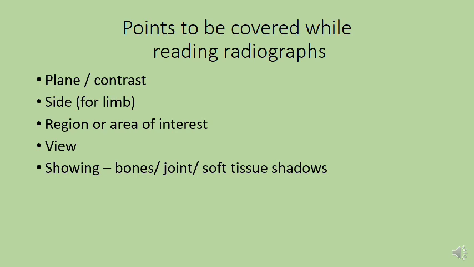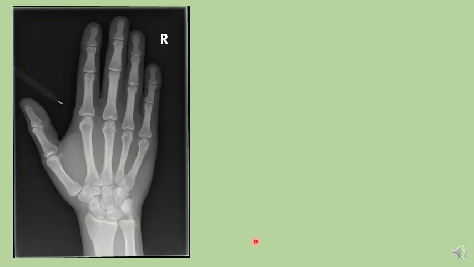Let us look at the first one. So how to read this radiograph? This is a plain radiograph of the right hand, AP view, showing lower part of radius, ulna, carpal bones, metacarpal bones, and phalanges with soft tissue around.